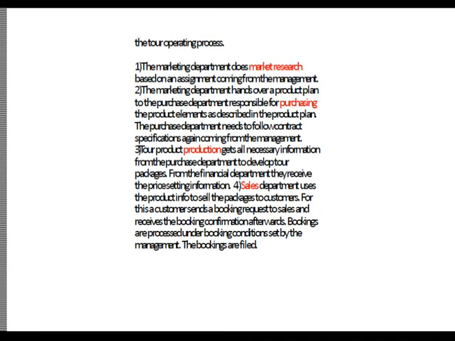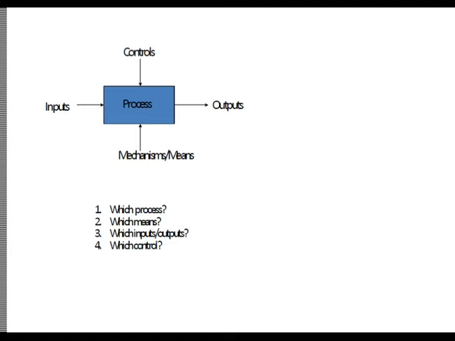If I had to draw a flowchart or make an IDEF out of this, well, already I have the 4 activities, but then the next question should be, which processes? I just gave them. Then, which means are being used? Check out the text. Is there something going on with a computer program or printer or software program, application, stuff like that, indicating that there are means being used? The third one is which input, output.